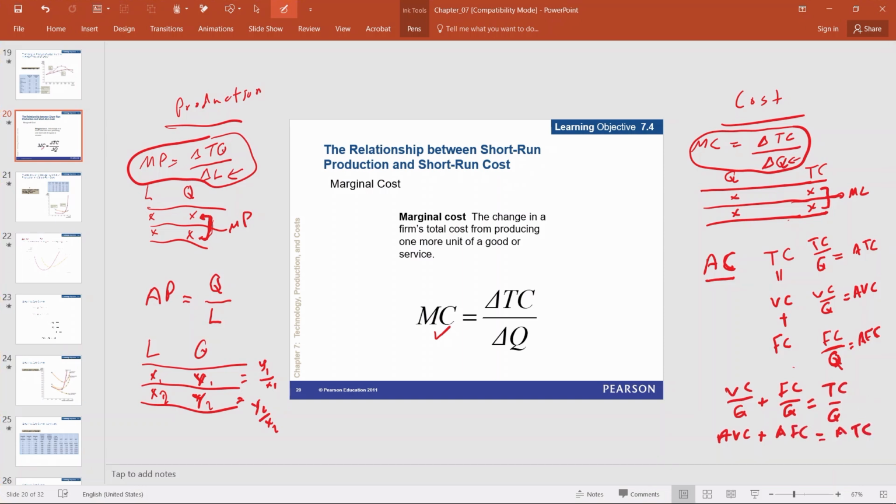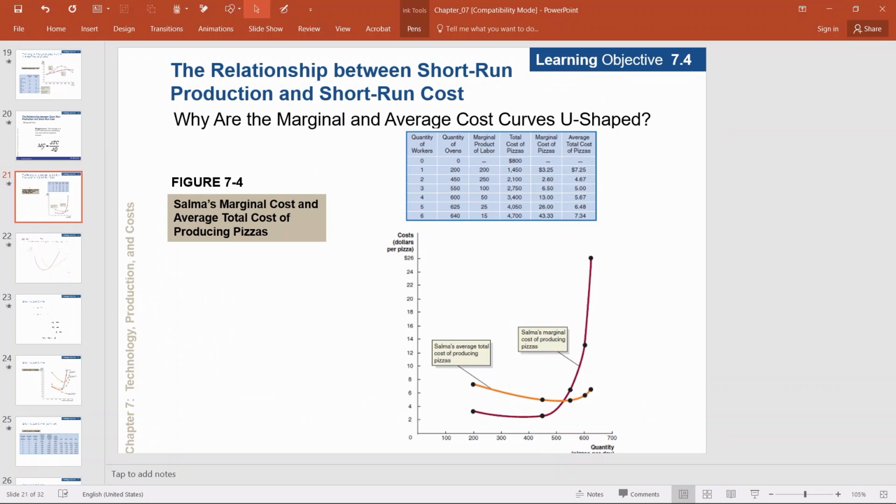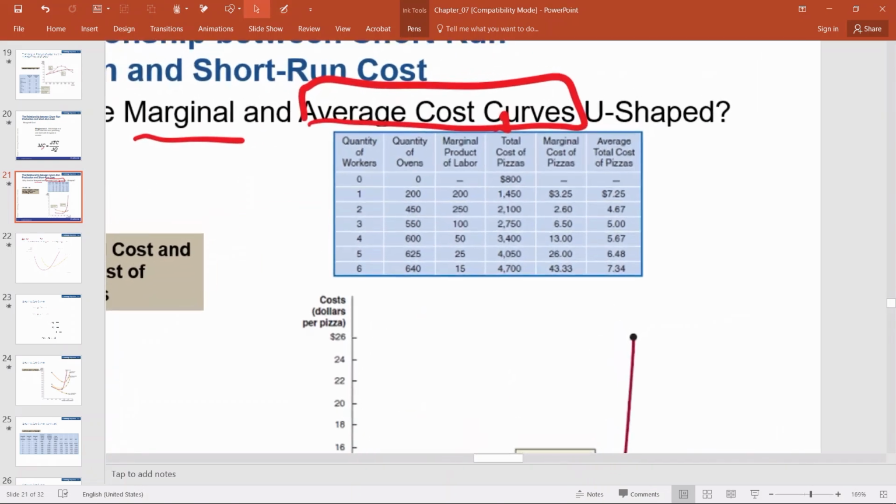Okay, let's go to the next slide. Now here the focus is on the cost side, average costs and also marginal cost, and the calculation of these.